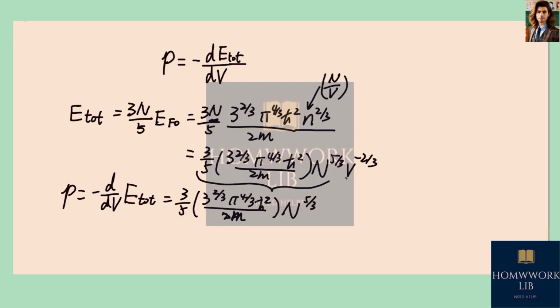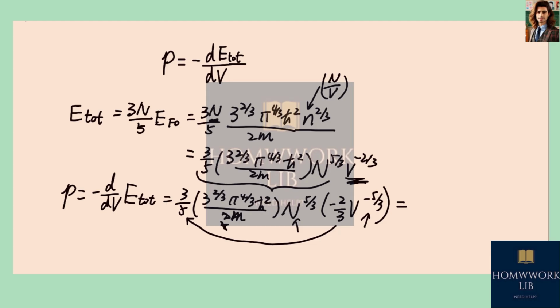But the volume, which is what the derivative is taking, becomes negative 2 over 3 V to the negative 5 over 3. Now it becomes 5 over 3 as well, and N is to the 5 over 3. We can put them together again, and put negative 2 over 3 to the front. The 3 will cancel, it will become negative 2 over 5, and the 2 will also cancel with this 2 in the denominator.